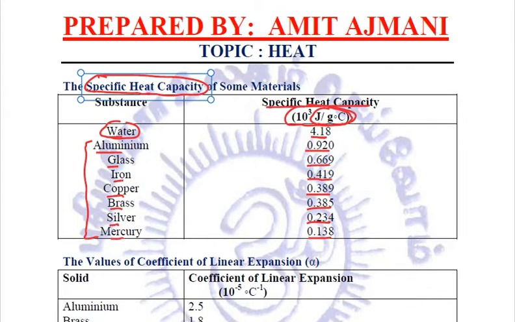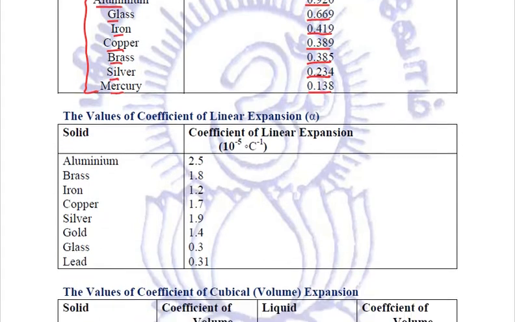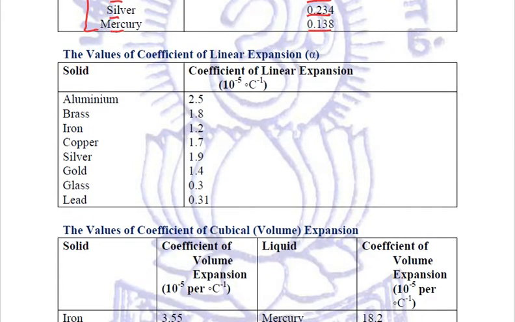Right? The next table gives us the values of coefficient of linear expansion of certain material. The values are expressed in 10 to the power minus 5 per degree Celsius.